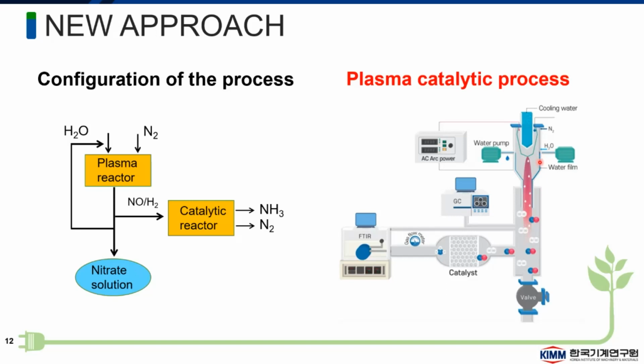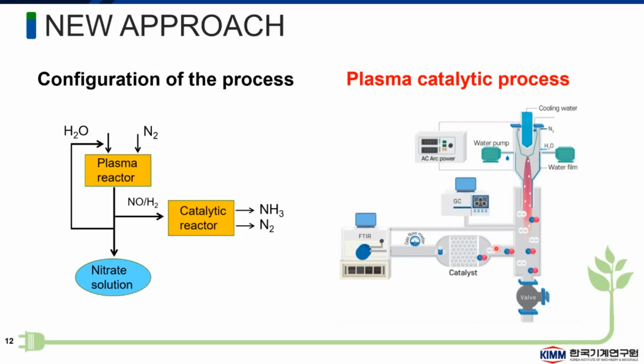That's why we introduce water in the form of a film, so that there is less interaction at the start of the arc. After that, in the nozzle area, it interacts with the discharge, and we can get hydrogen and NOx.